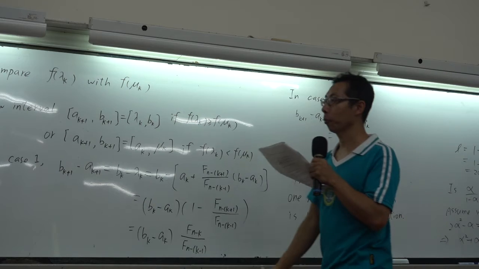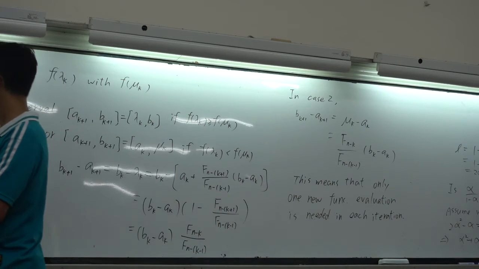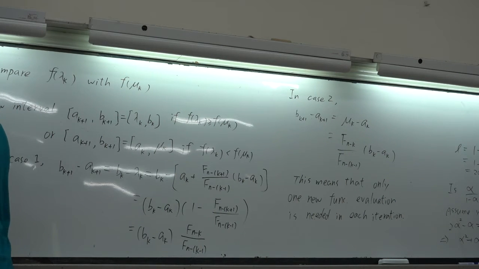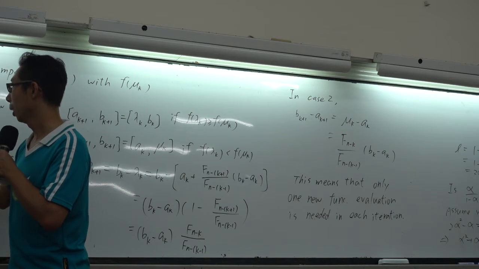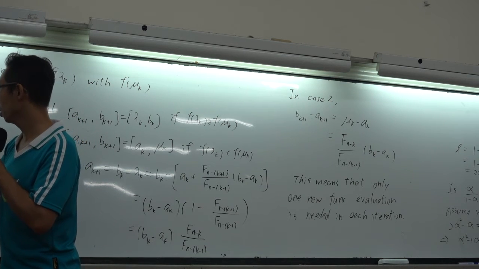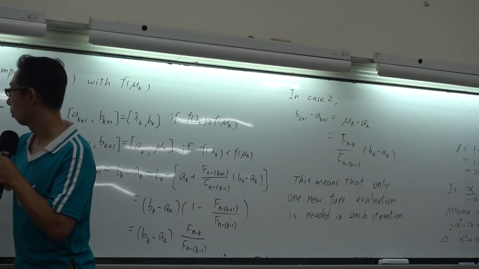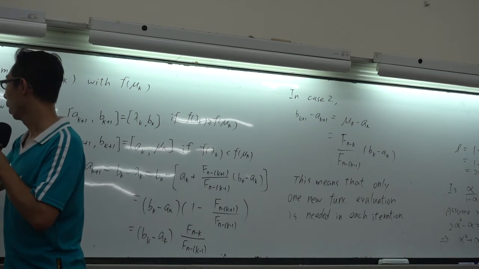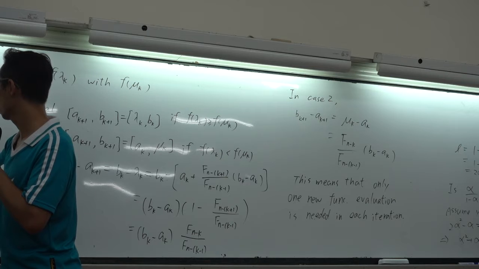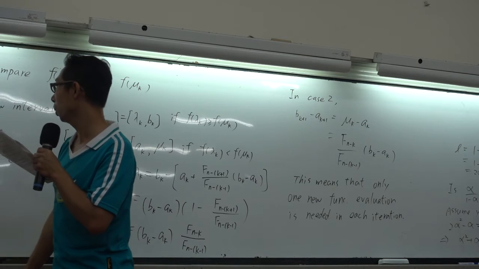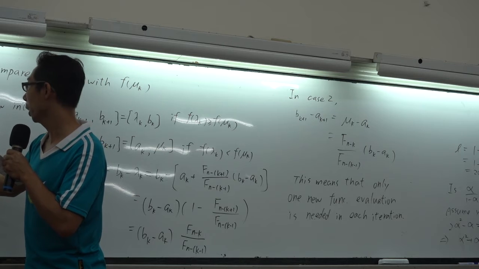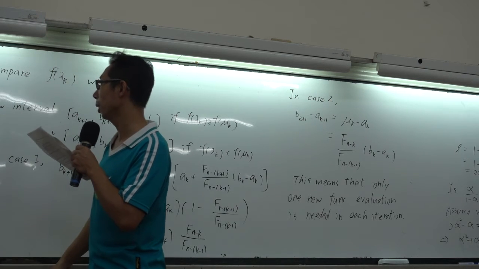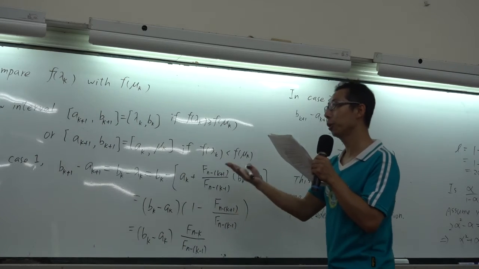Right? Because if we always sync this interval in with the same kind of ratio, it means that the new lambda k or the new mu k can be found using the previous one.